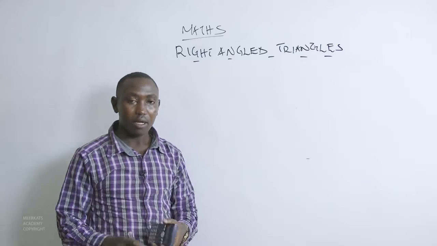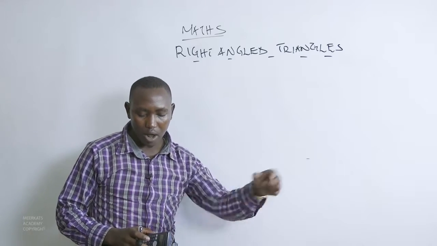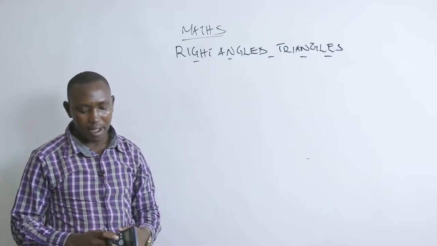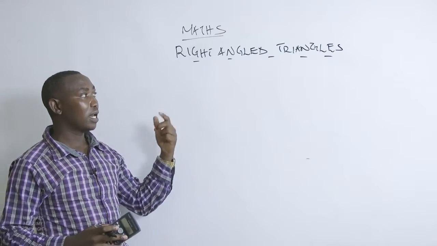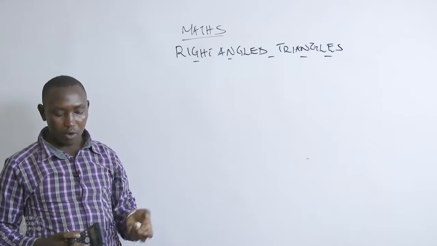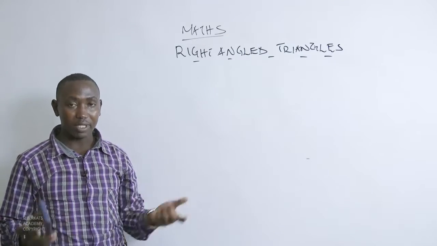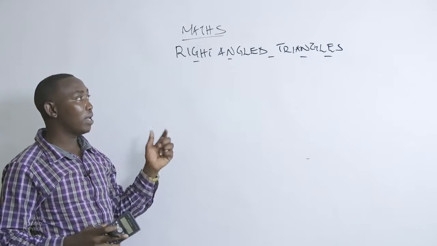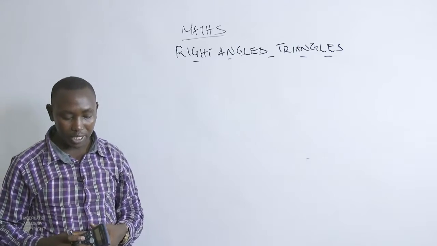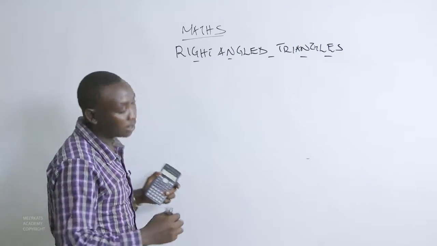After looking at that, we now want to begin calculations on how we can find the unknown sides of a triangle by making use of the trigonometric ratios.